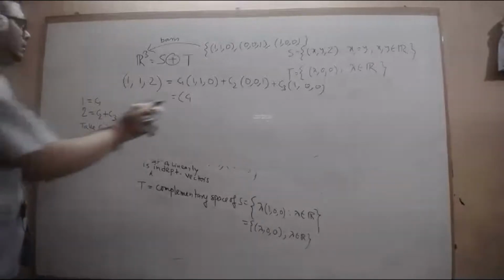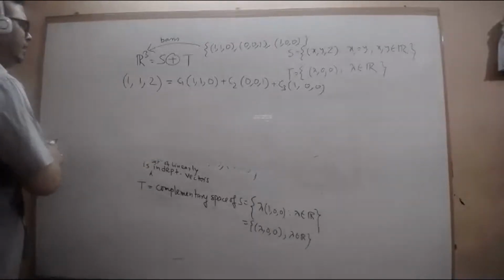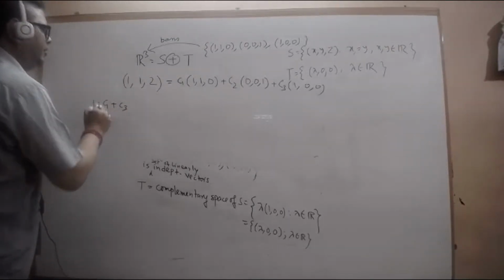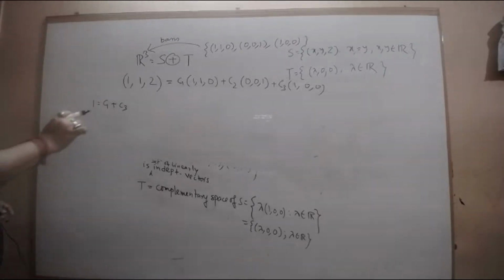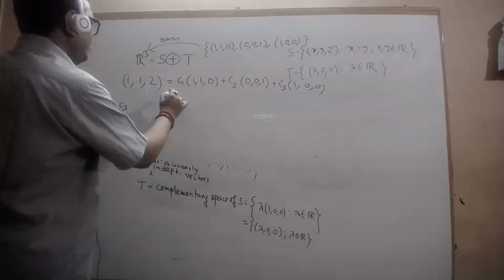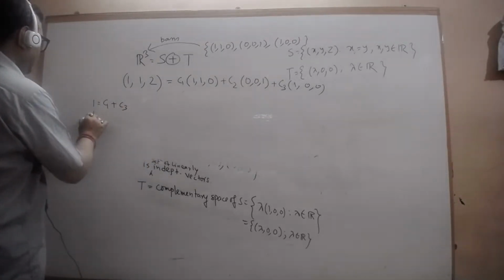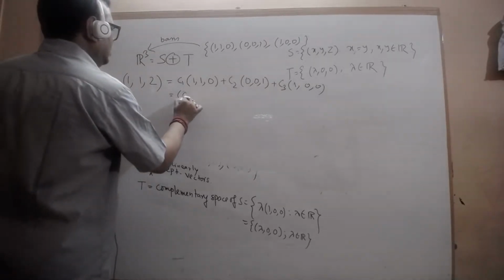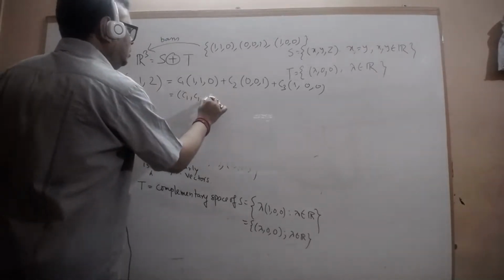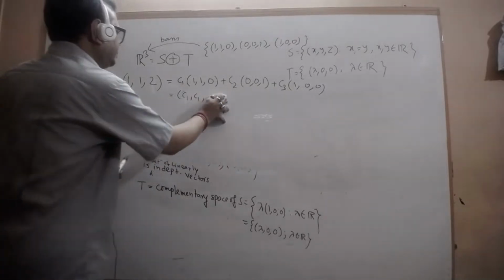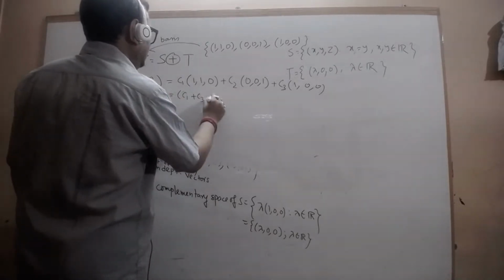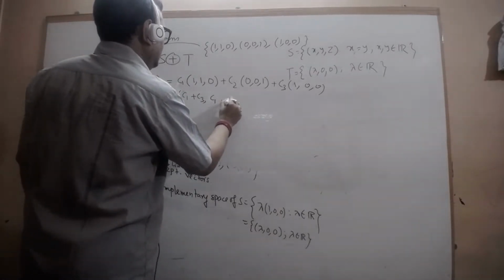Then you see that 1 equal to C1 plus C3, and 1 equal to C1, that is C1, 0 plus C3, then C1, C2.